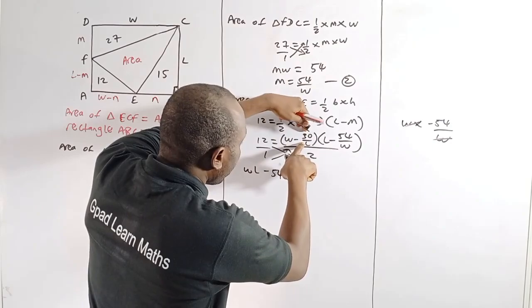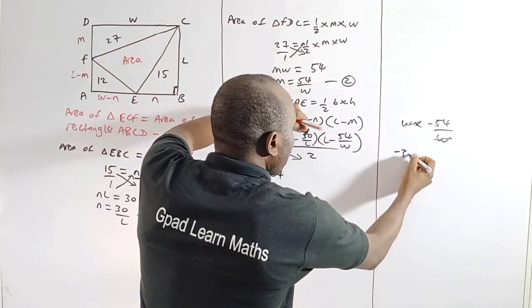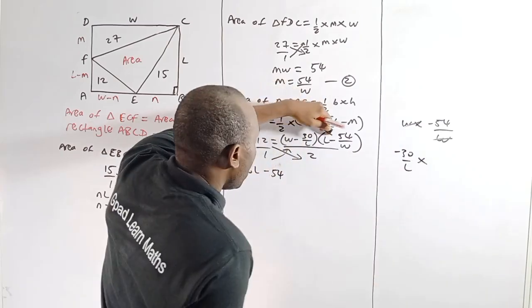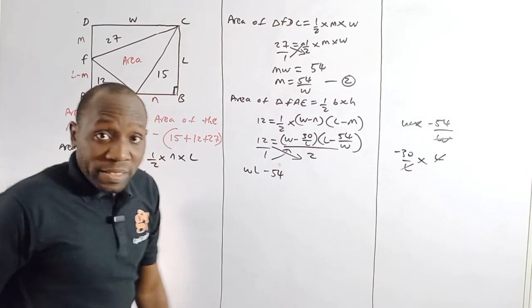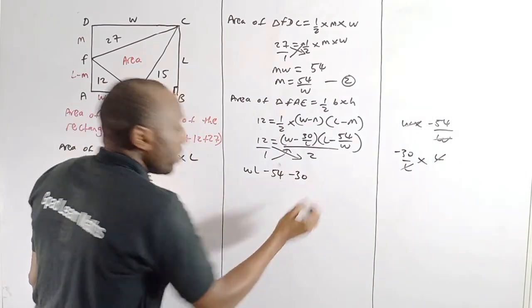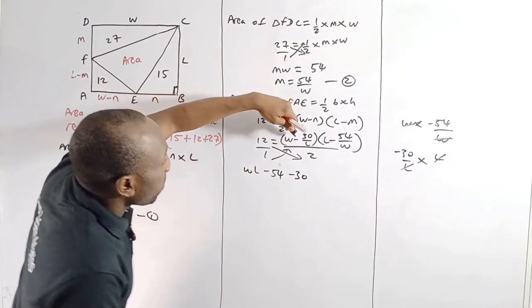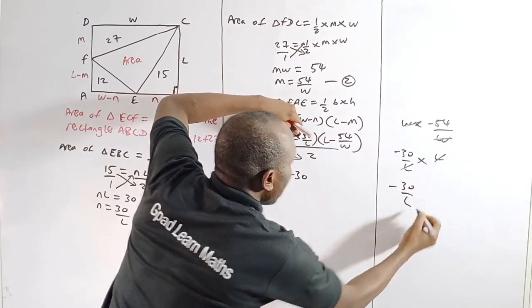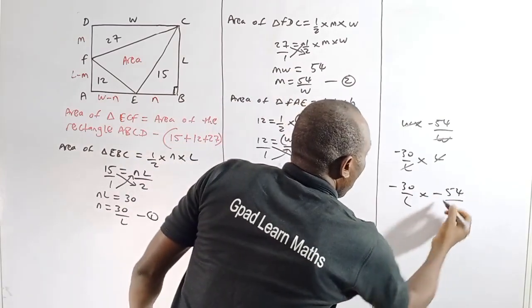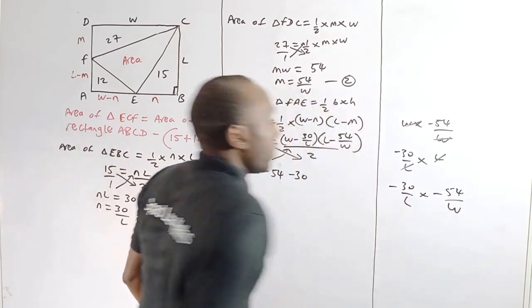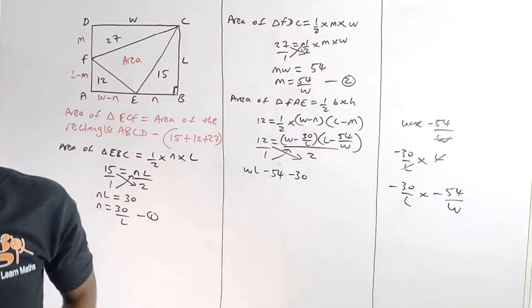Then now let's use this 30, negative 30 over L times L. 30 cancels 30. What do you have? Negative 30. So negative 30. Are you with me? Then this last one now. Negative 30 over L times negative 54 over W. Let me get a calculator.